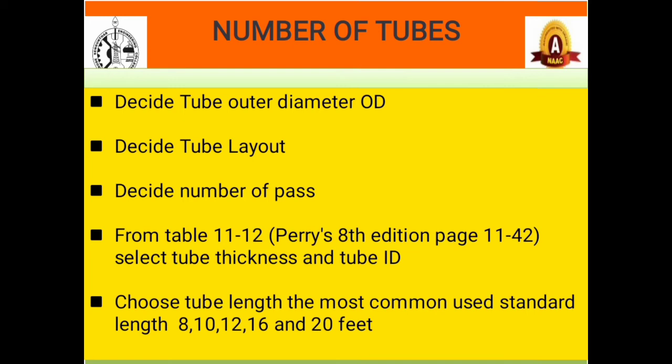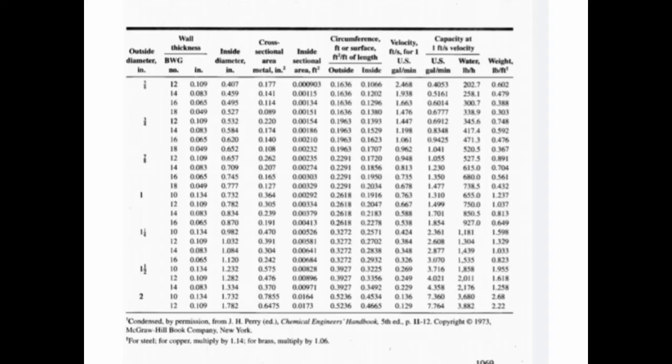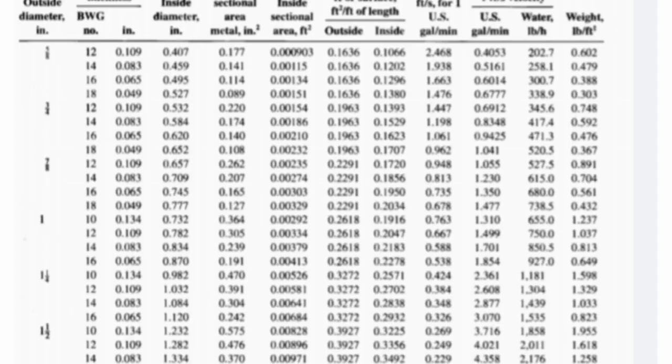Once you choose the length of the tube and select the outer diameter of the tube, then we can calculate the wall thickness of the tube for a given Birmingham wire gauge. If you choose 1 inch OD, 10 BWG, the thickness we can find. Like that we have to find the thickness of the tube.